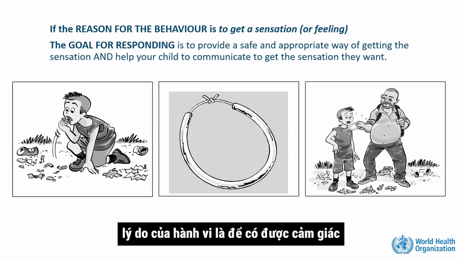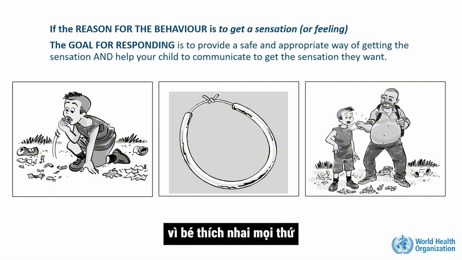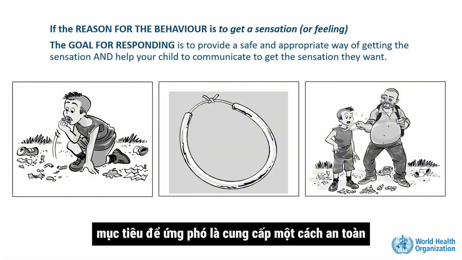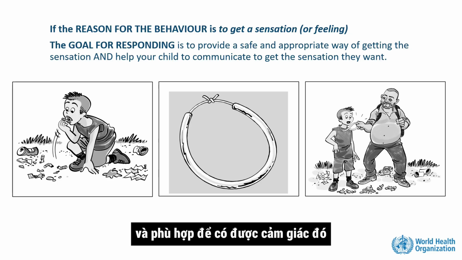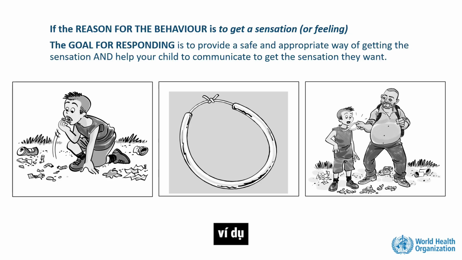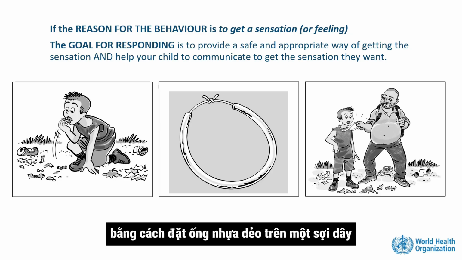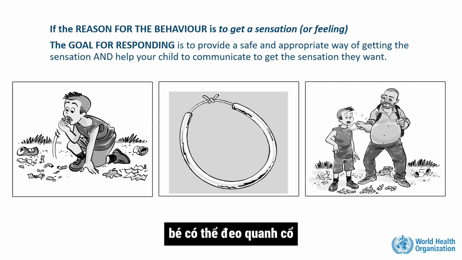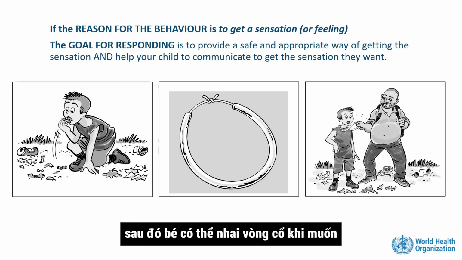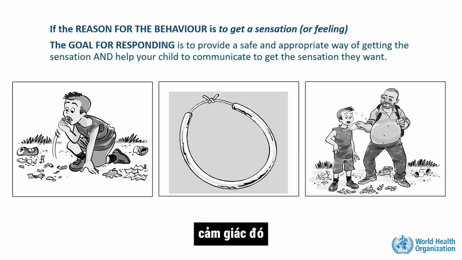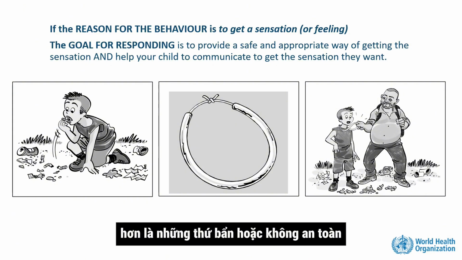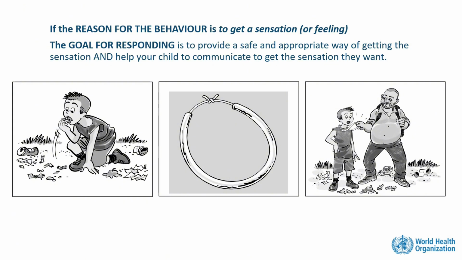The reason for the behavior is to get a sensation because he likes to chew on things. The goal for responding is to provide a safe and appropriate way of getting the sensation. For example, by putting flexible plastic tubing on a string he can wear around his neck. Then he can chew on the necklace when he wants the sensation rather than things that are dirty or unsafe.